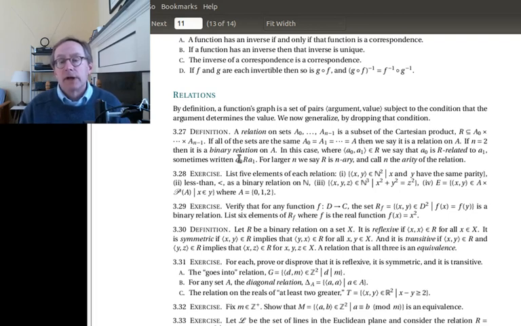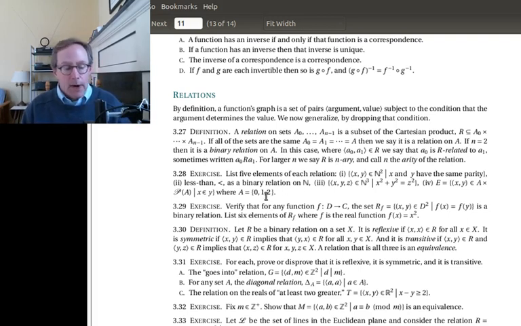Binary relations are very common. When you have the ordered pair A naught, A1 in the relation, we say that A naught is R-related to A1. Sometimes you write A naught capital R A1. For other n's, n equals 3, 4, 5, you might say that R is n-ary, like 3-ary or 4-ary, and you call n the arity of the relation.